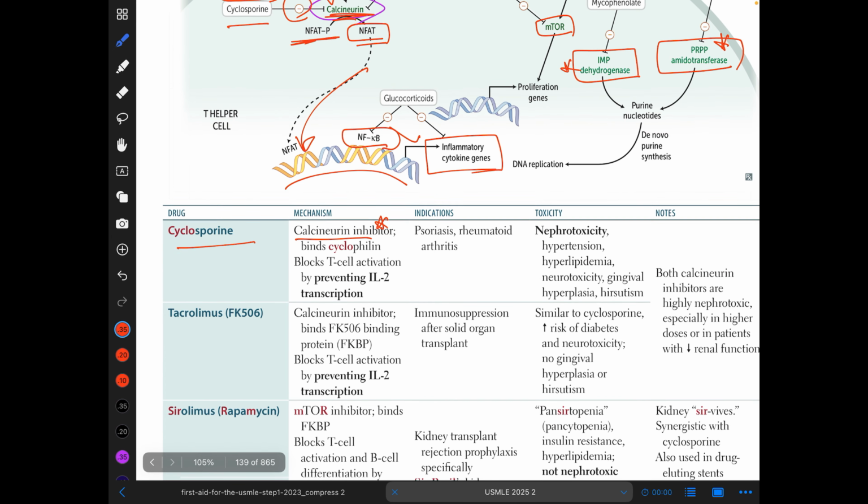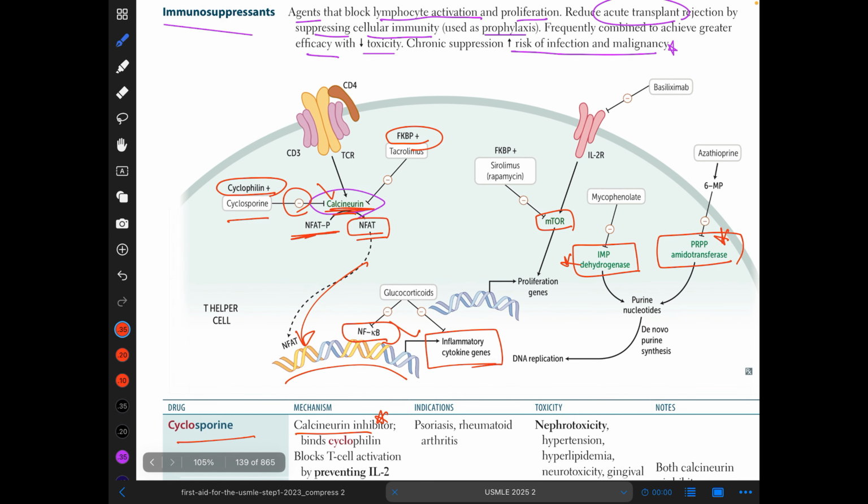Second, we have Tacrolimus. Tacrolimus also blocks FKBP. FKBP also joins with calcineurin and makes this pathway, leading to the formation of NFAT. It will go and do the transcription and make the production of inflammatory cytokines.